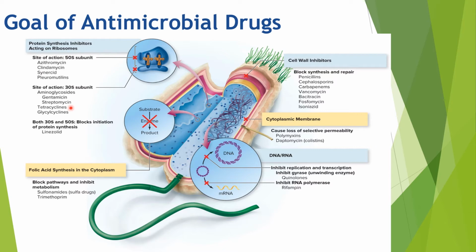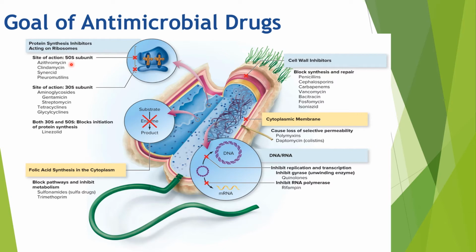Let's take a look at another one. So there is azithromycin. Azithromycin also inhibits protein synthesis, but it targets another subunit of the ribosome. Azithromycin targets the 50S subunit of the ribosome.